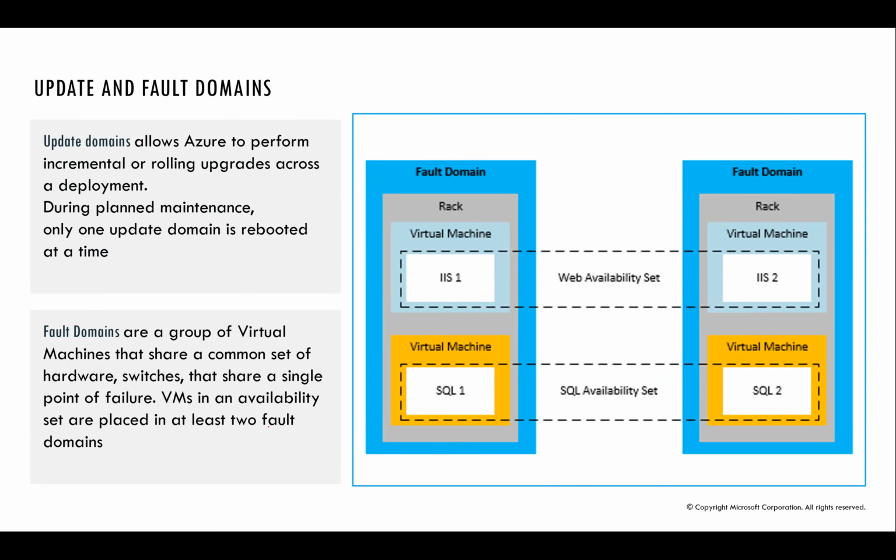Another thing is if there's a fault within their own infrastructure, maybe the rack on which the server hosting your VM is on. If the power there goes down, if the cooling there goes down, maybe if the storage or the network goes down, it can impact your own VM.